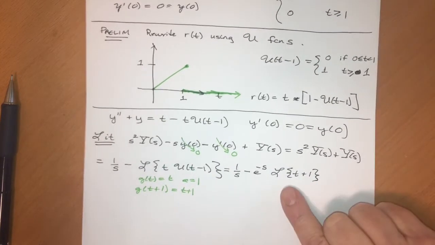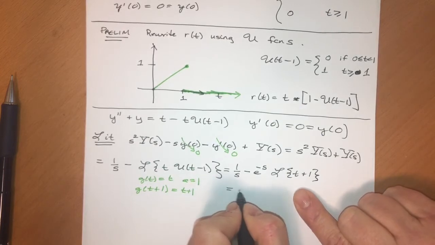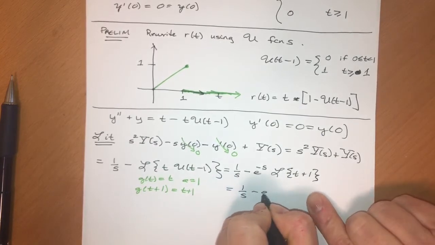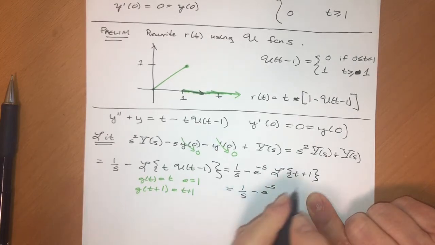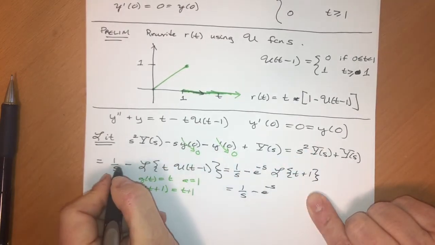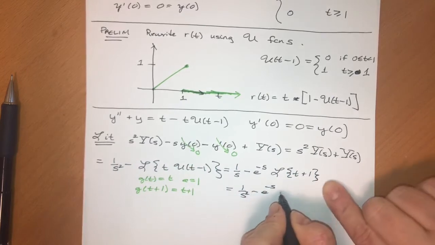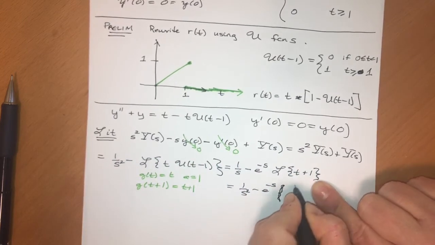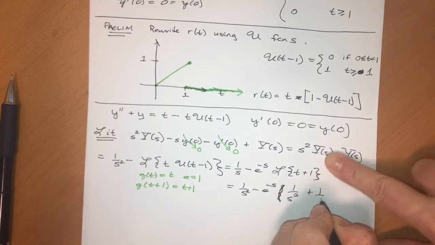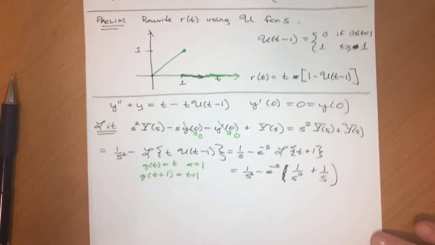And that involves just looking at your formulas. t goes to 1 over s squared. 1 goes to 1 over s when you take your Laplace.